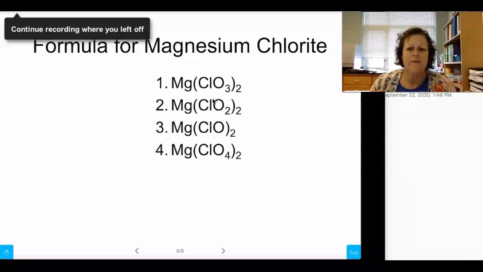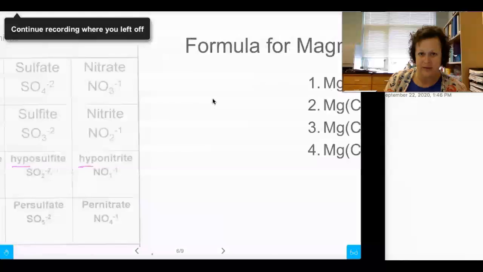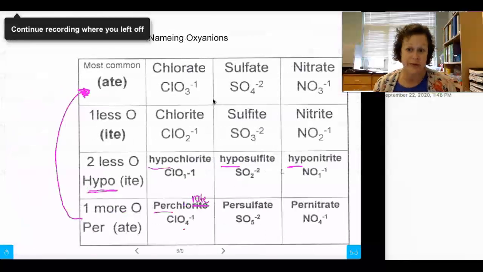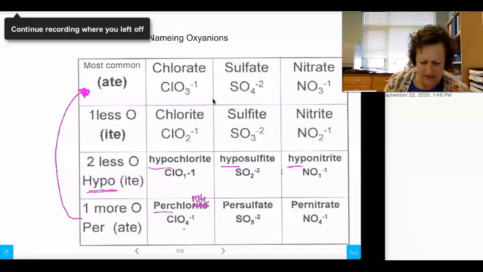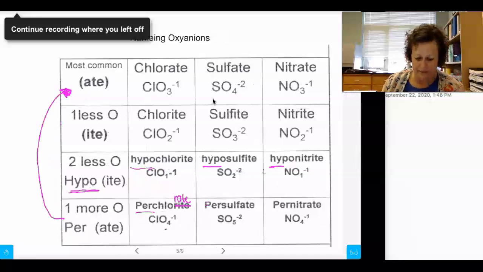The formula for magnesium chloride. So let's go back to our little sheet, or you can look on your polyatomic. Magnesium chloride. So chloride is ClO2 -1.